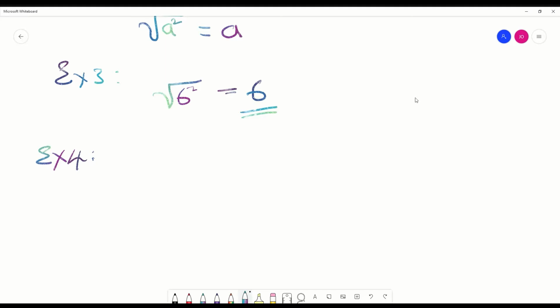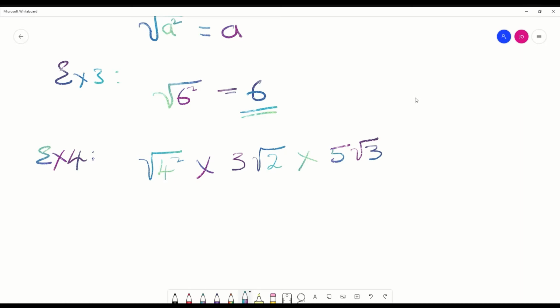So here we have root 4 squared times 3 root 2 times 5 root 3. So what we do here is, the coefficient of root 4 squared will be 1.